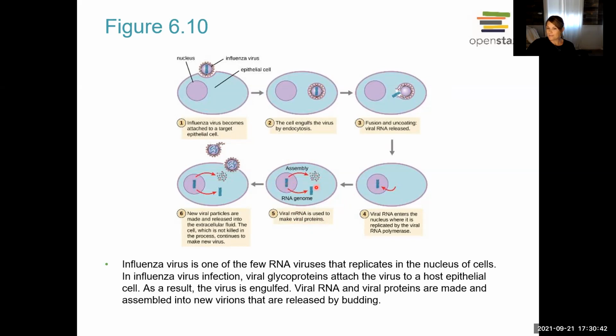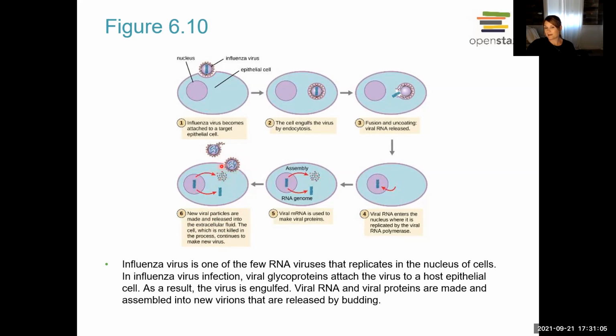Once that happens, the RNA and the proteins will assemble into mature viruses and leave by budding. So new viral particles are made and released into the extracellular fluid here. The cell, which is not killed in the process, continues to make new virus. That's interesting too. It doesn't make enough that it kills the cell.